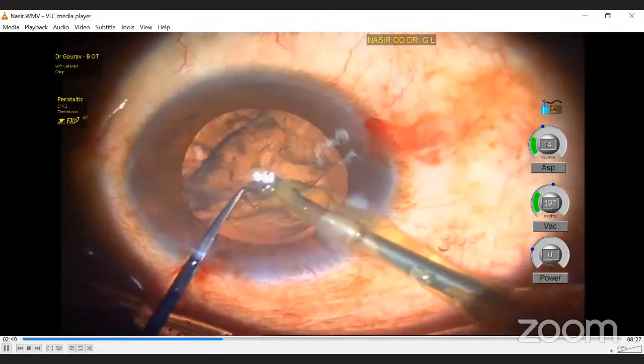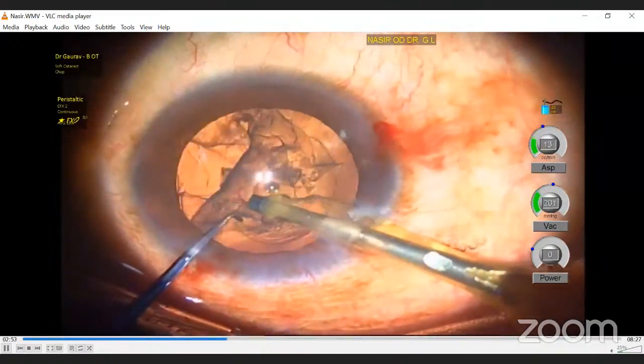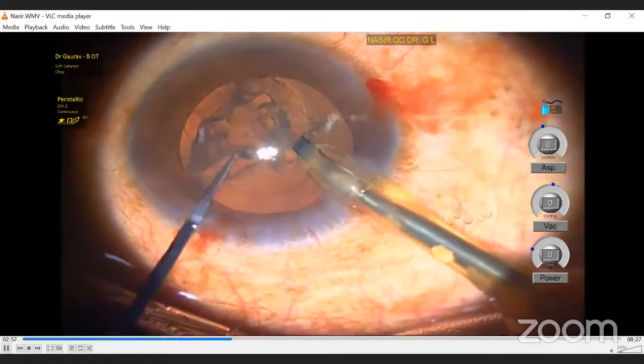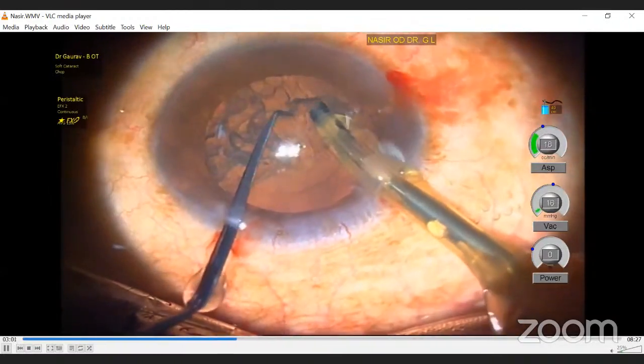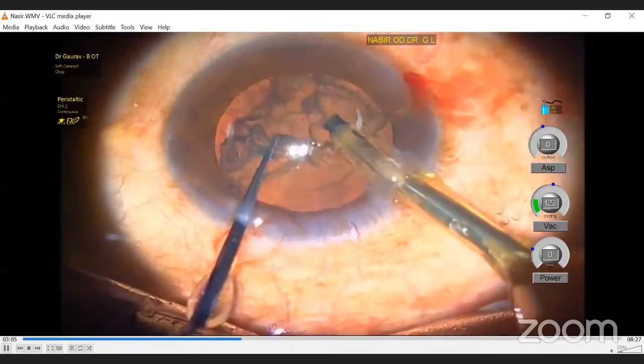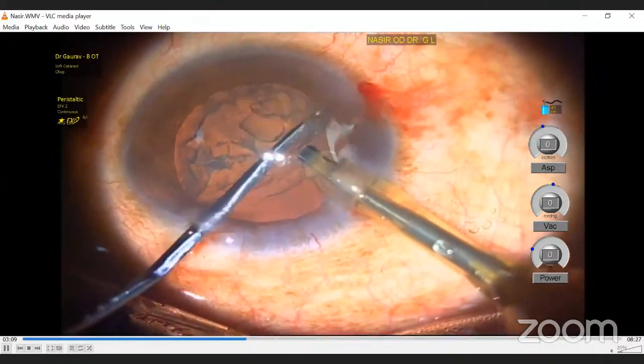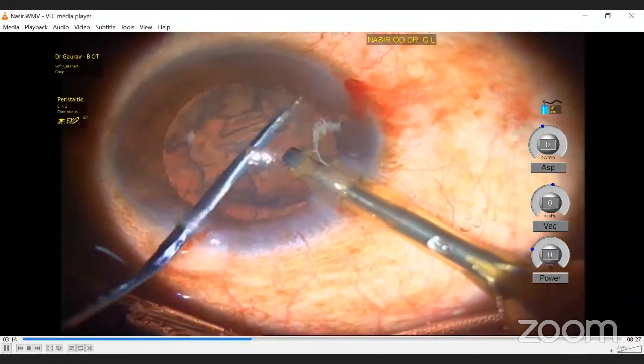During this time, we could actually sense some zonular laxity or zonular weakness while making the capsulorhexis and also while doing the lens matter aspiration.